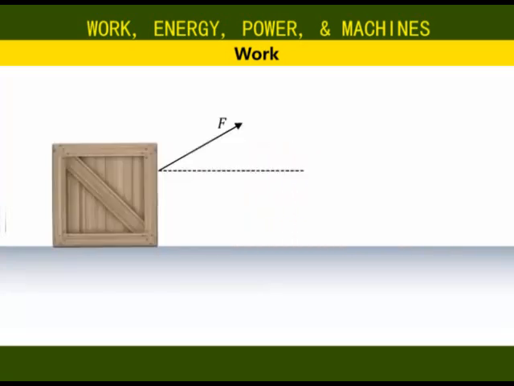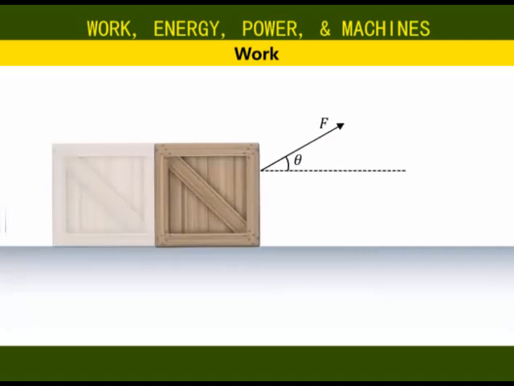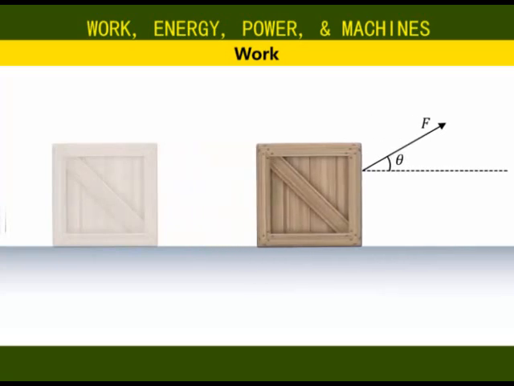Consider a force applied in pulling a box as shown here. The force makes an acute angle theta with the direction of displacement. Here, the total amount of force is not being utilized to make the block move. Only the component of the applied force along the direction of displacement is responsible for the motion of the block. Let's call it Fx.